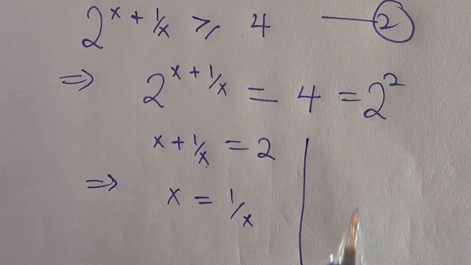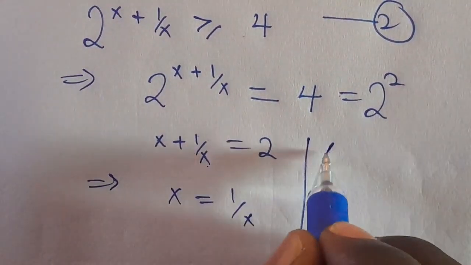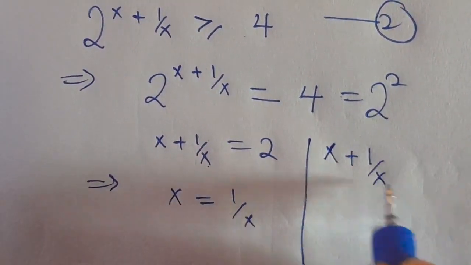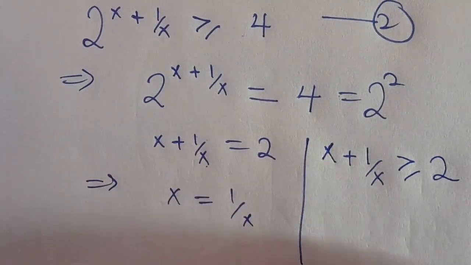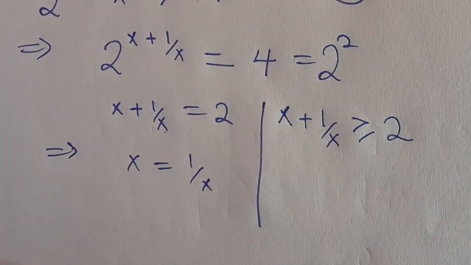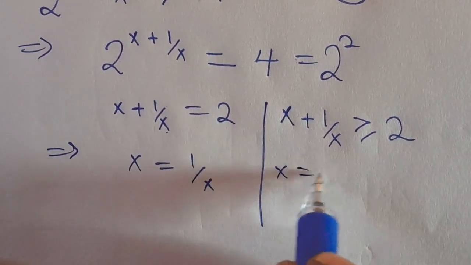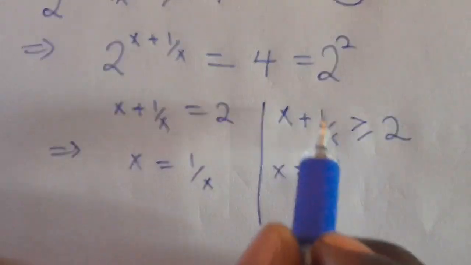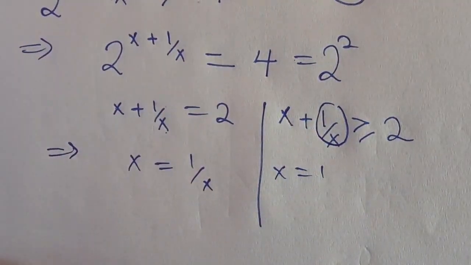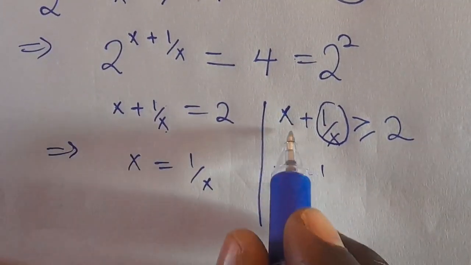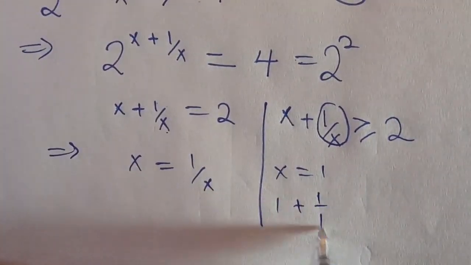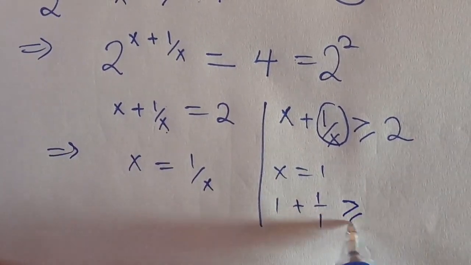Mind you that from the first expression, x + 1/x is always greater than or equal to 2. But let us see what will happen here. When x equals 1, take note of this term, we have 1 plus 1 divided by 1. Is it greater than or equal to 2?